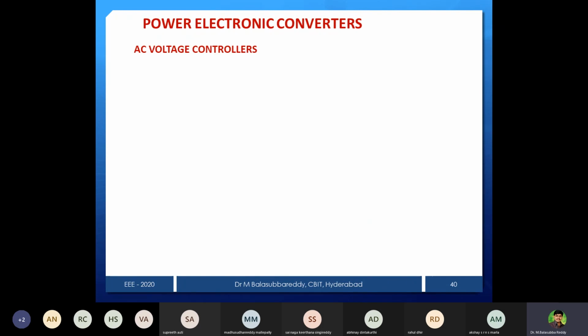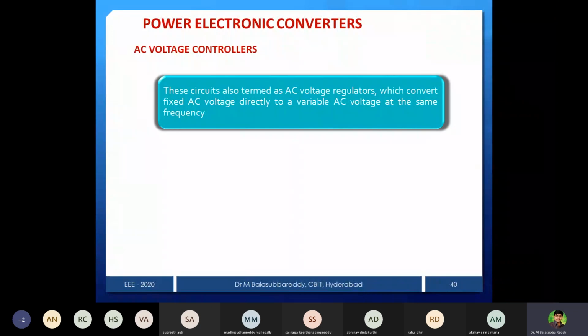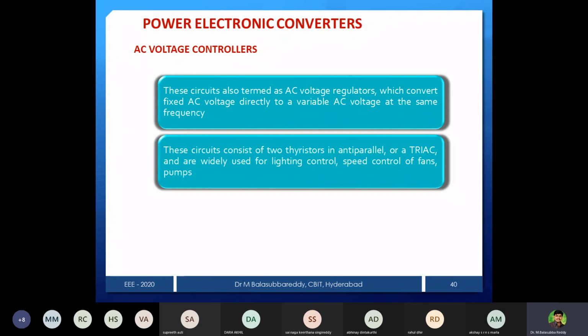You'll see that the AC voltage controller's main function is to convert fixed AC to variable AC with constant frequency. That is the major important point: the frequency will not change. It consists of two thyristors in anti-parallel.